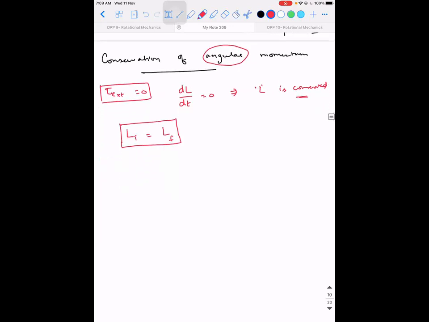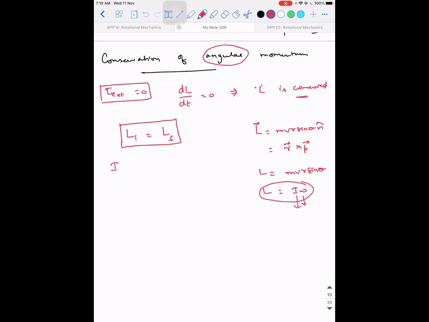But what is the formula for angular momentum? We know that L is equal to mvr sine theta. If I write it in vector form, it is mvr sine theta n cap, or r vector cross p vector. If I write it in scalar quantity, it is mvr sine theta. By manipulating it, we get a formula L is equal to I omega, where I is the moment of inertia and omega is the angular velocity, right?